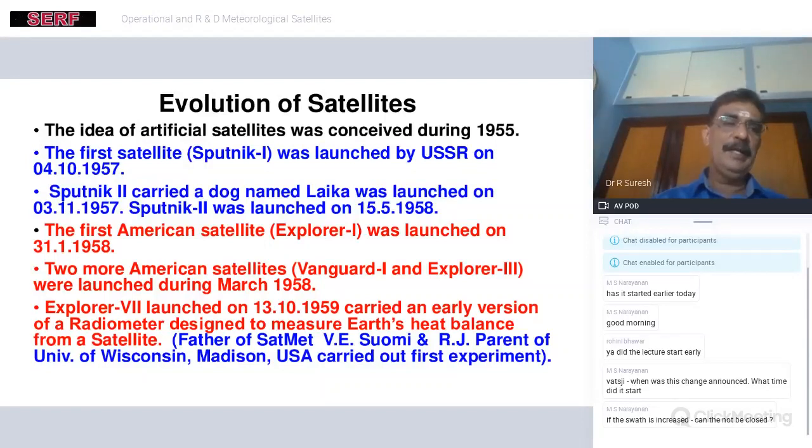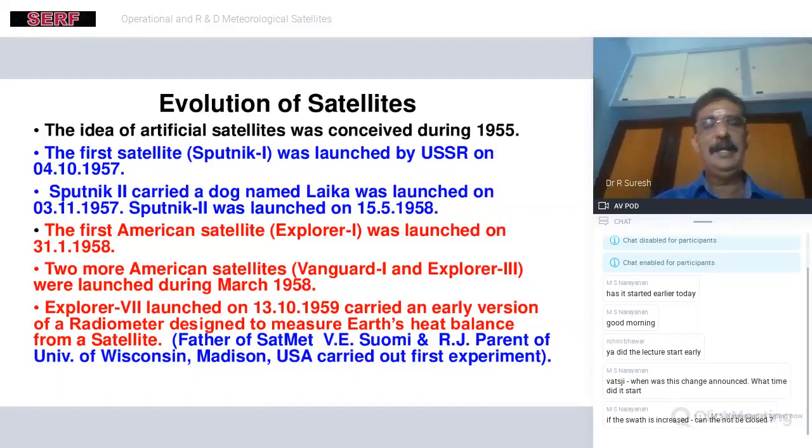Sputnik 2 they launched within a month or so, and then they wanted to see whether any living being could be sent. A fortunate living being called Laika, a dog, was sent. Thereafter, satellites kept going, and the evolution started in a much bigger way. The Americans started with Explorer and Vanguard.